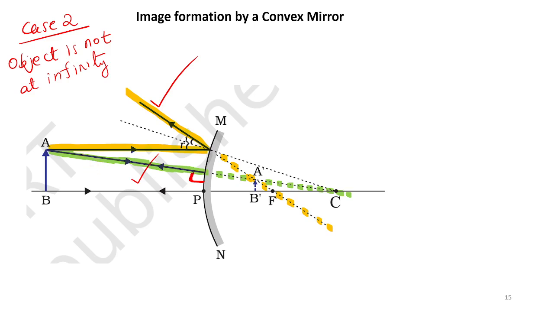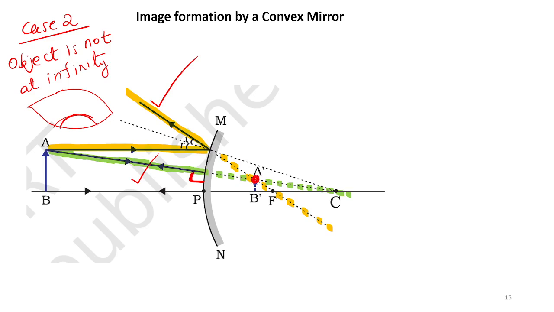Suppose this is my eye. I am watching. I feel that this ray and this ray are emerging from this point. Can you see the intersection A dash here?